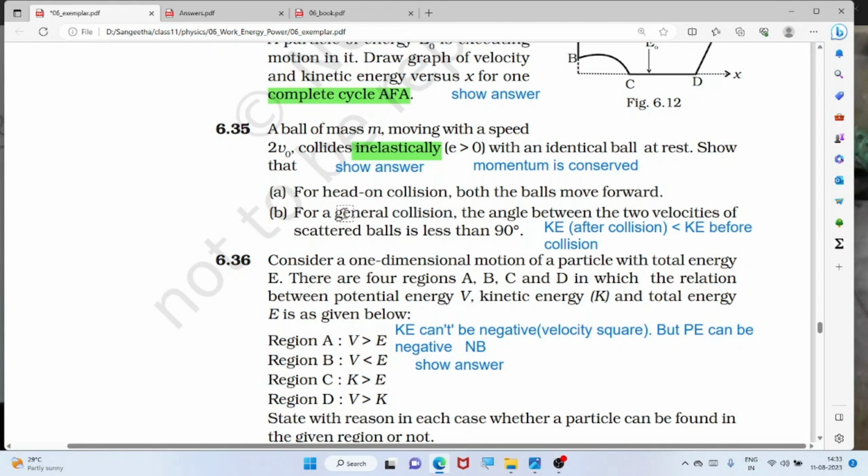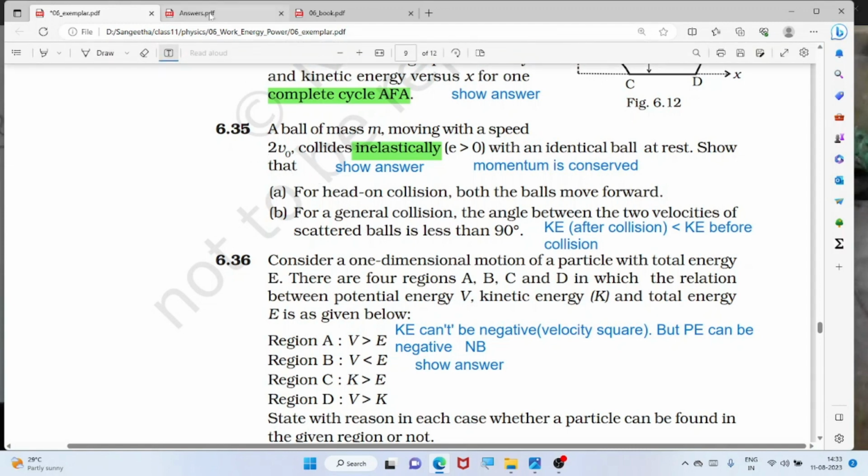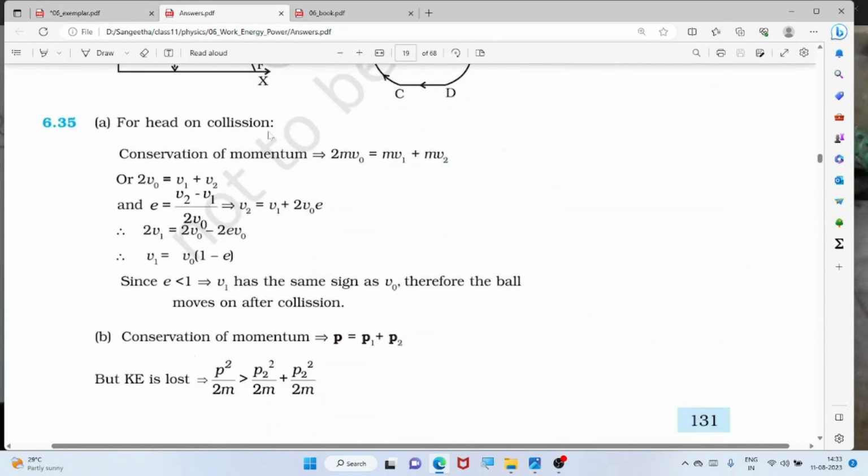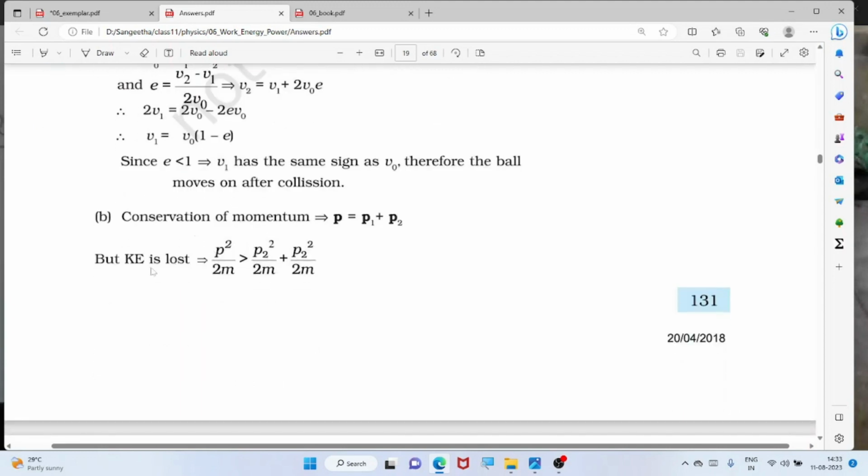In an inelastic collision, momentum is still conserved. For a general collision, the kinetic energy after collision will be less than the kinetic energy before, because kinetic energy is lost in an inelastic collision. For a head-on collision, momentum is conserved, not the kinetic energy. Based on that, this is the one. Now they are finding the angle.